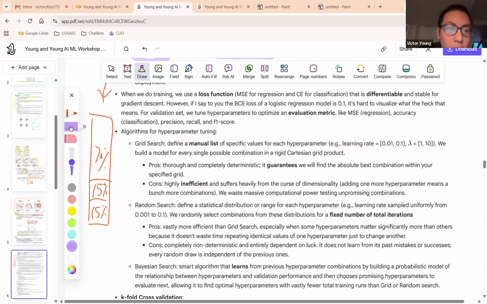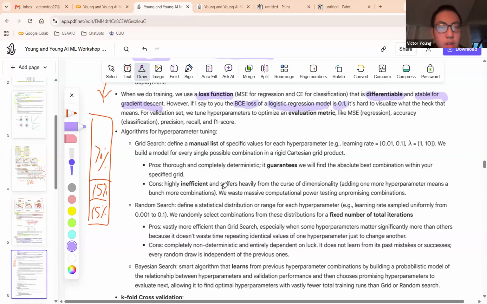Okay. When we do training, we use a loss function like MSE for regression and cross entropy for classification like we talked about yesterday. And we choose a loss function that is differentiable and stable for gradient descent. However, that is not how we should tune our hyperparameters. Because if I just say, oh, the BCE loss of a logistic regression model is 0.1, that does not make any sense.